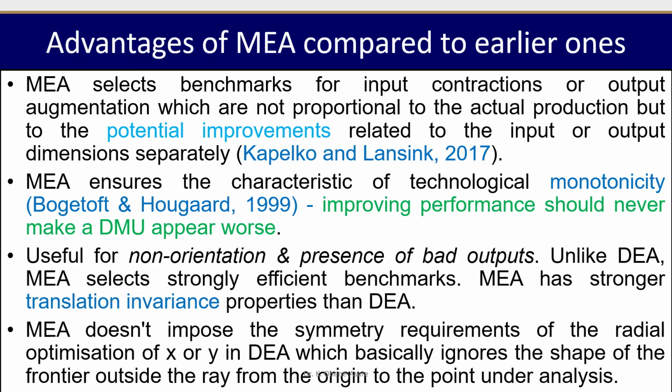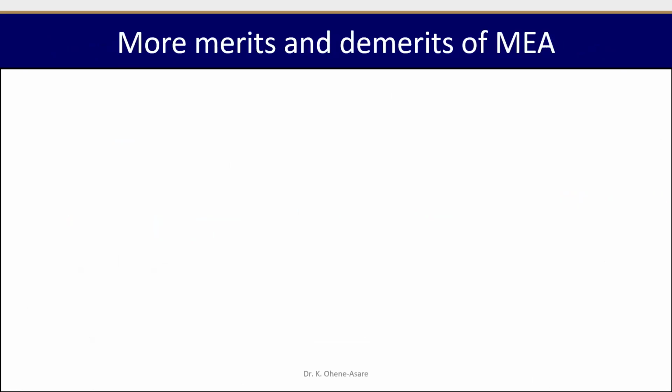The other advantage is that it does not impose the symmetry needed of the radial optimization. That symmetry basically ignores the shape of the frontier outside the ray from the origin to the point. Again, the only way you can understand this is when we come to the graph, and I'll show you then.